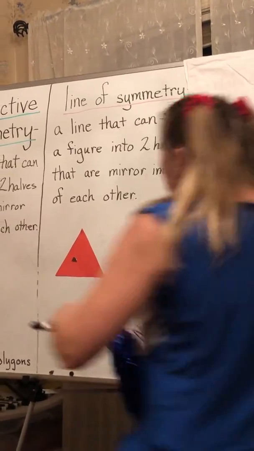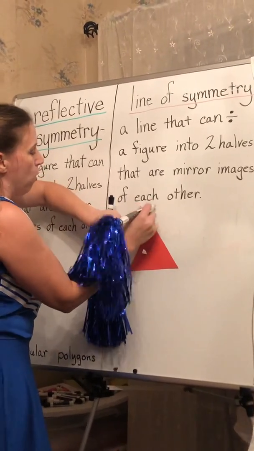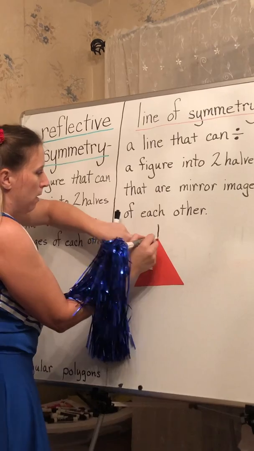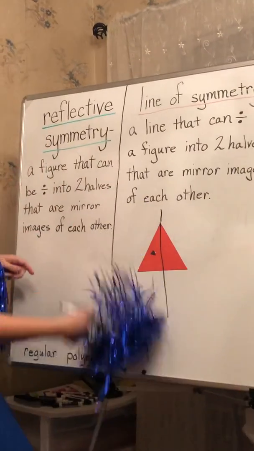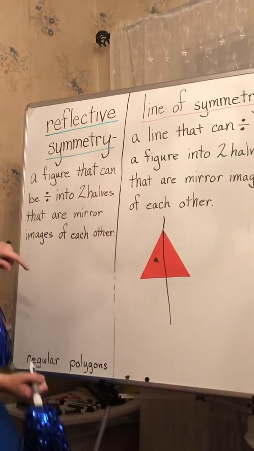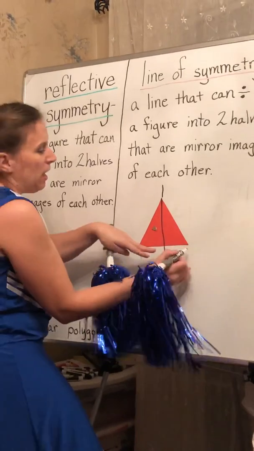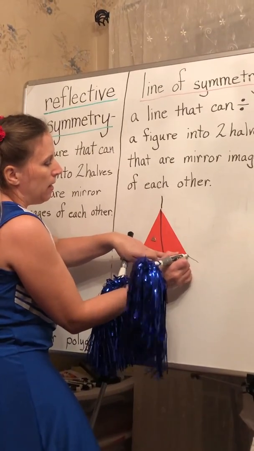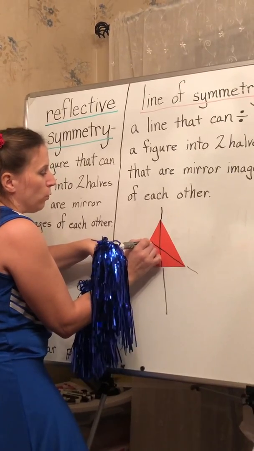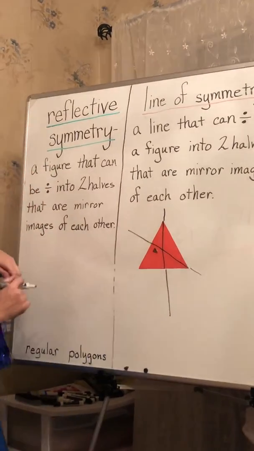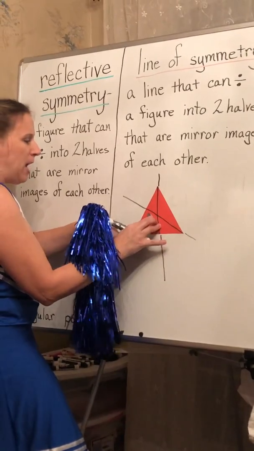If we draw a line from one vertex through the middle of the other side, that's one line of symmetry. Now, we can also divide through the other vertex. If we start on this side and divide through this vertex, through the other side, that's two lines of symmetry, but we have one more vertex.